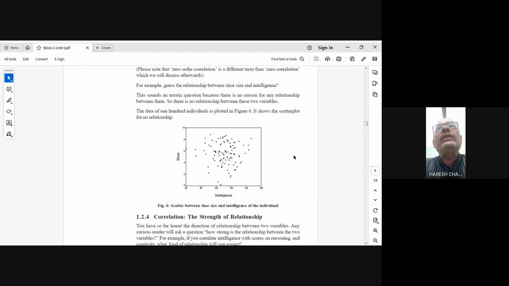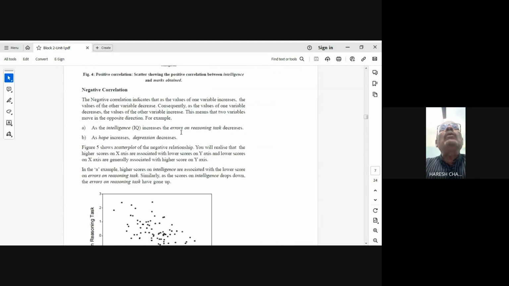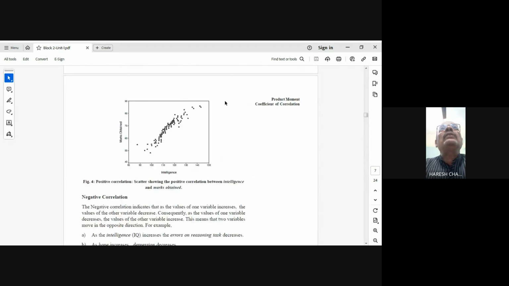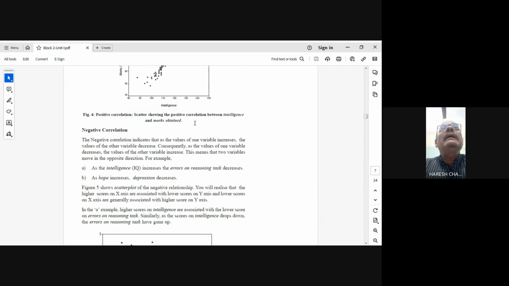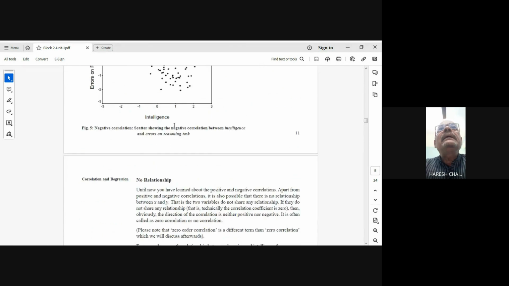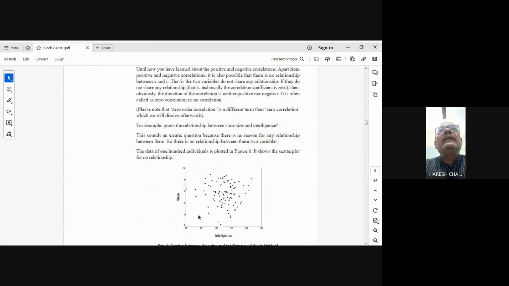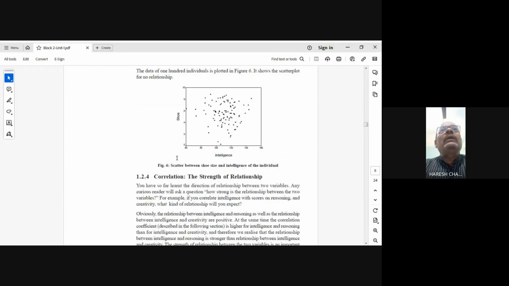If you have a question on scatter plot, you have to give this kind of figure to show this is no correlation, this is negative correlation, this is positive correlation. Positive means going upward, negative means going downward, and no means nothing. And curvilinear, I have already told you.